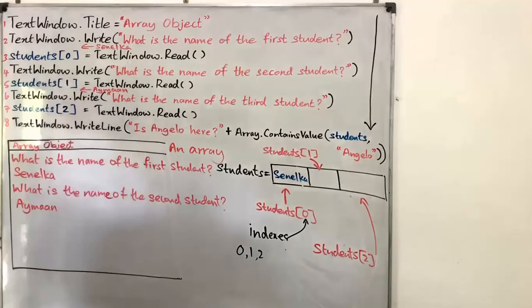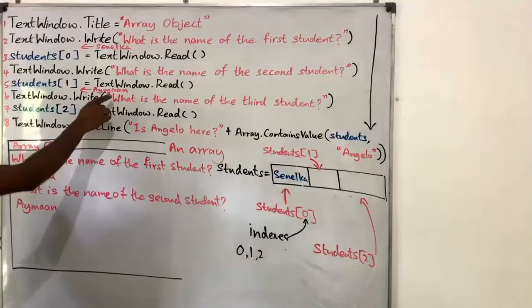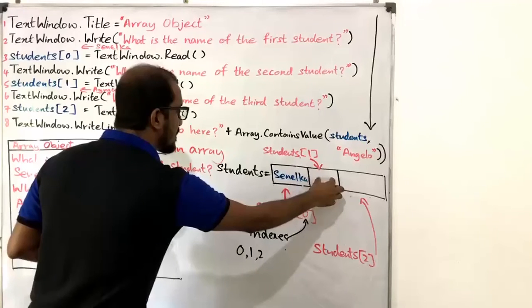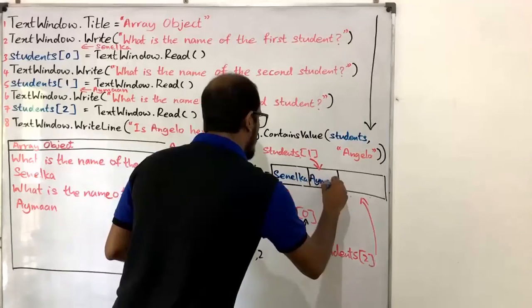Students 1 means this position, so giving this value means storing it in this box under the name students 1. So Ayman.